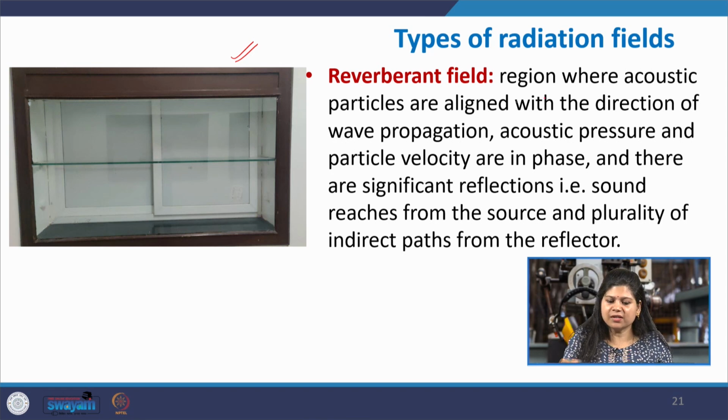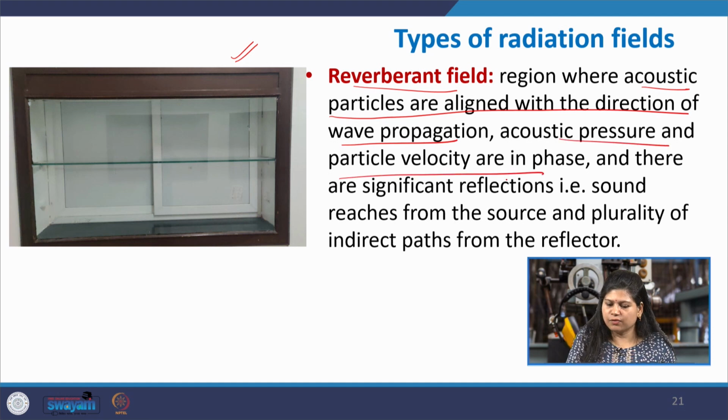So, what happens here is that, what is the reverberant field? It is a region where acoustic particles are aligned with the direction of wave propagation. The pressure and velocity are in phase, but there are significant reflections as well. Okay.